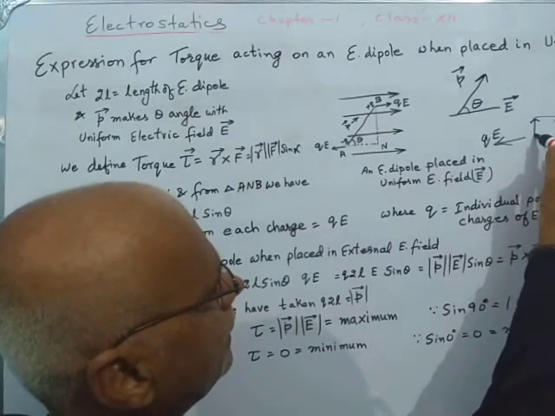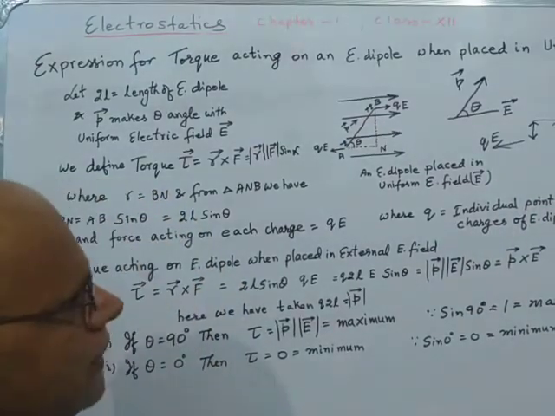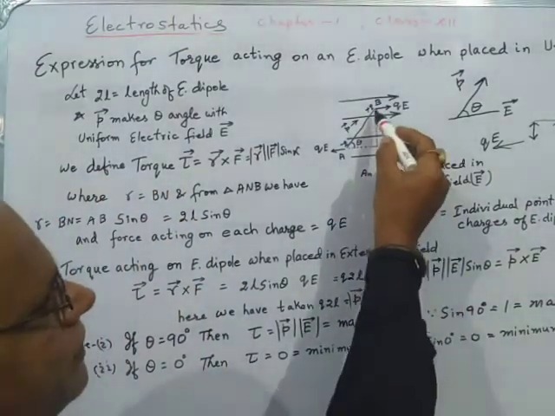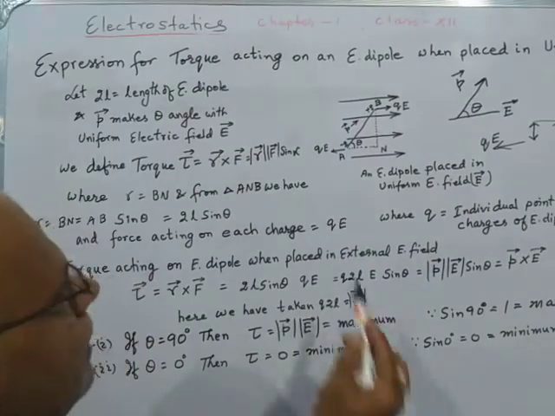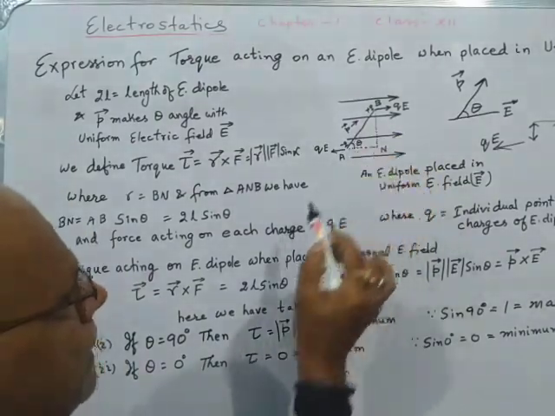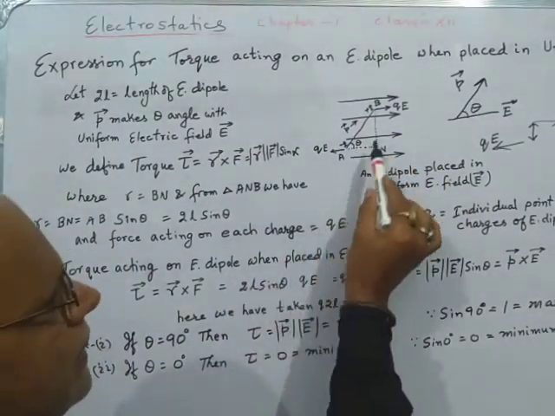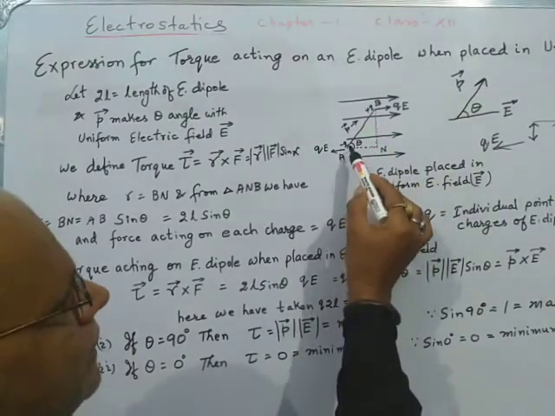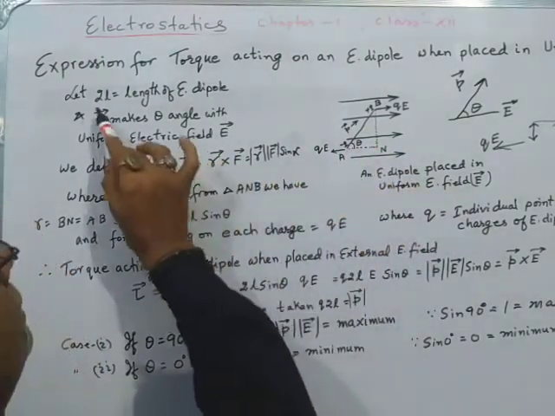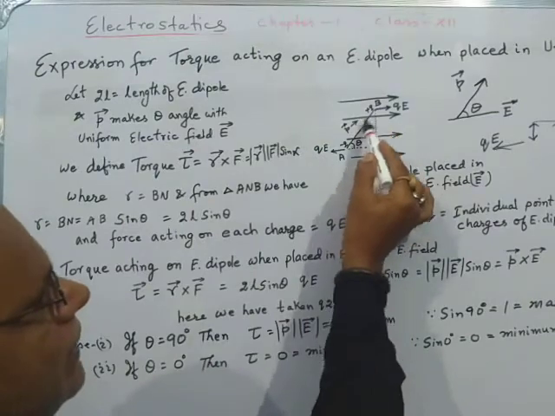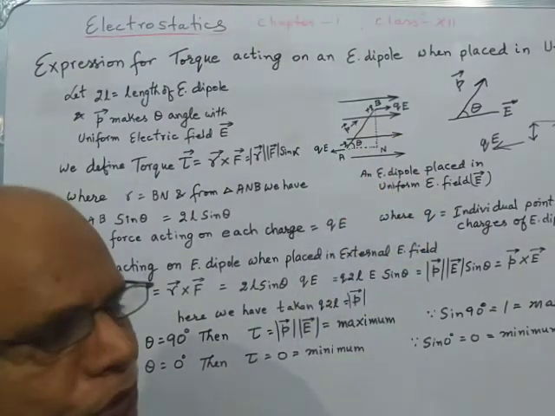So we have to find the perpendicular distance between them, and from the figure you see it is BN. From the triangle ABN we have sin theta equal to BN upon AB, and AB is taken to be 2L because we have considered the length of the electric dipole to be 2L.